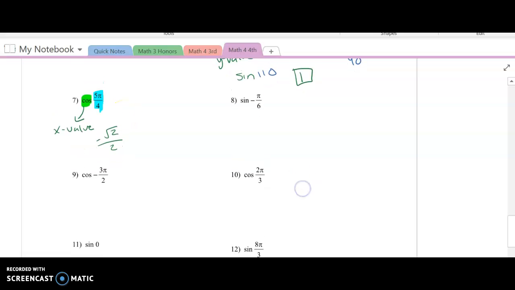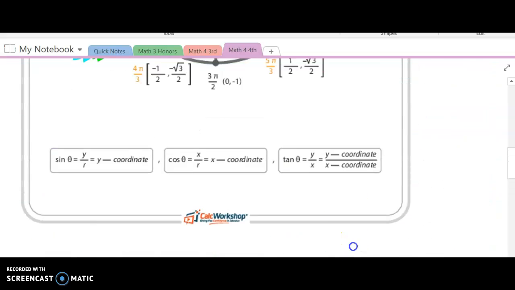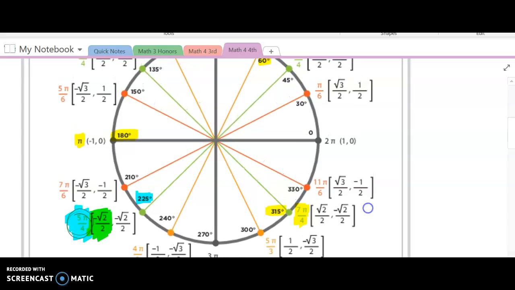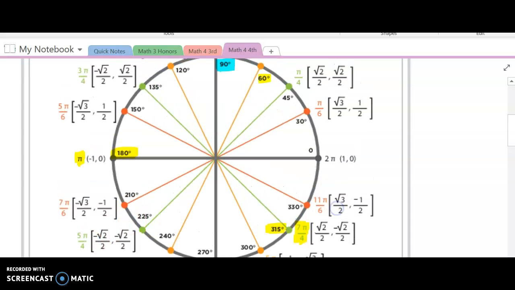So let's do number 8, sine of negative pi over 6. Again, negative pi over 6 is my where, sine is my what. So sine in this case is going to be my y value. So we're going to go to pi over 6. Because it's negative, we're going to do that same process that we did before. So I'm going to go to pi over 6, the positive version.